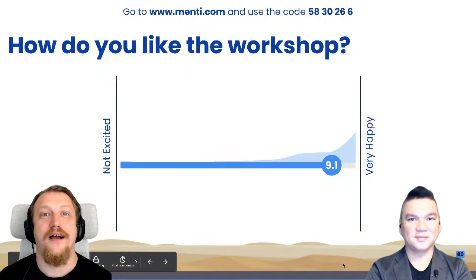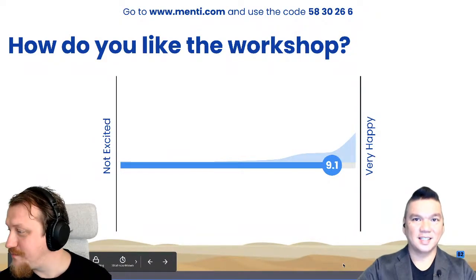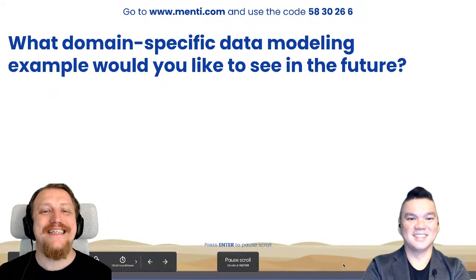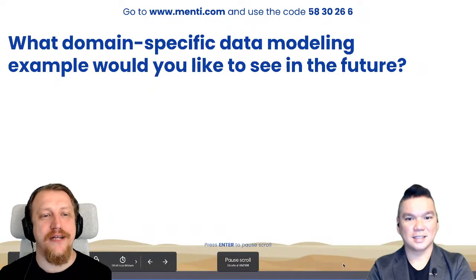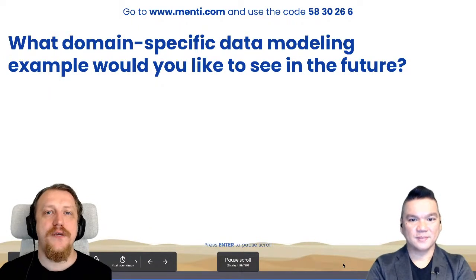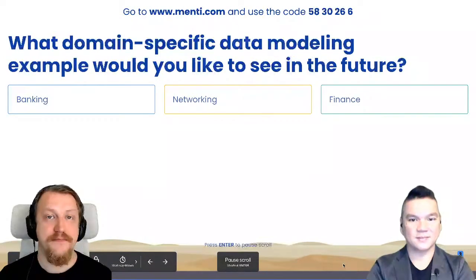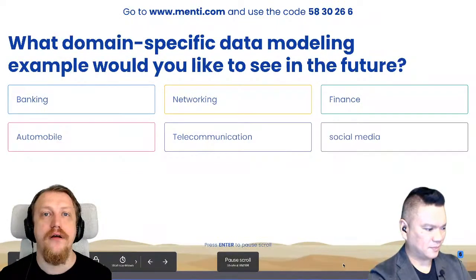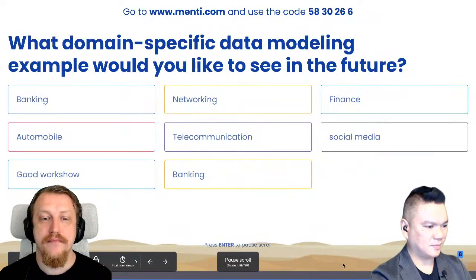Which content? I'm going to ask you. What domain-specific data modeling example would you like to see in the future? Today we discovered two examples: investment portfolio and sensor network.